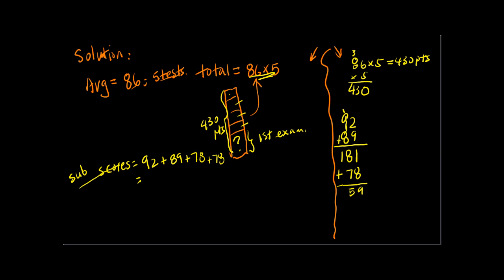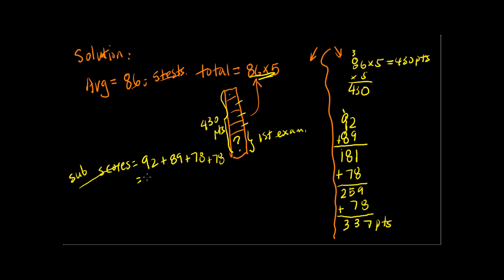This is a 5. Carry a 1. So it's 259. And let's add our last one. 7, 2, so that's a 3 and that's a 3. So our subtotal for the 4 exams that we do have scores for is 337 points.